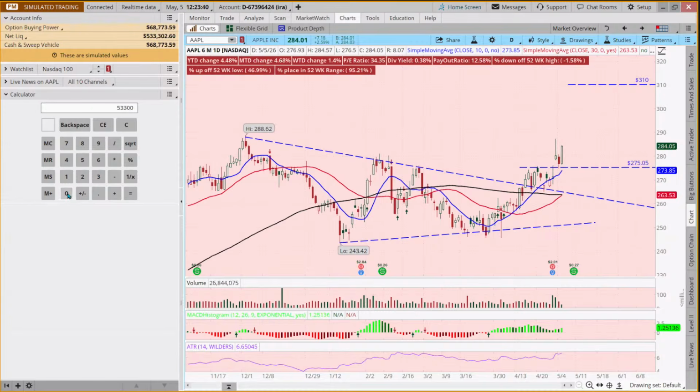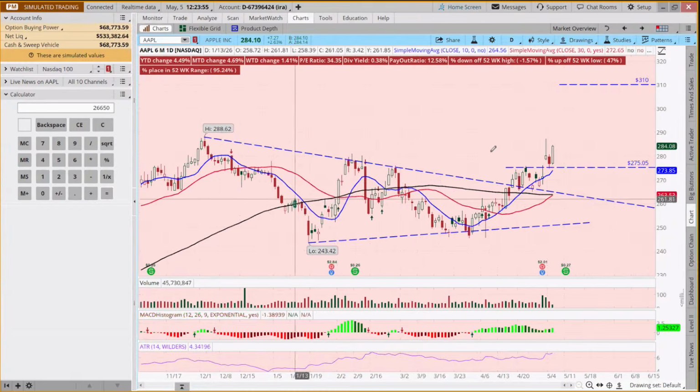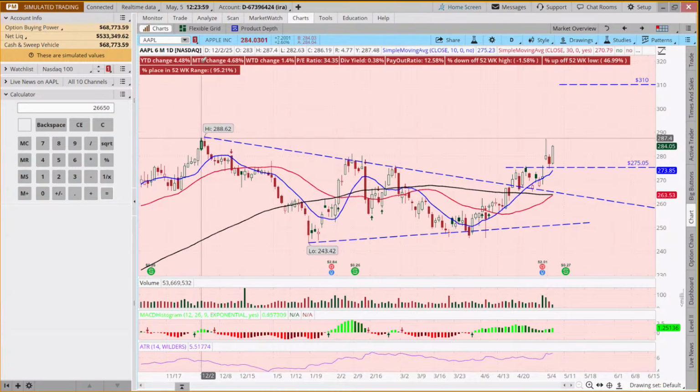If we have 533,000, we could say we're comfortable with up to 5%. So that would be 26,650. And if you say it could be 5 to 8% and you're comfortable doing slightly more, because this is 284, it would be a $28,000 position. You might be willing to buy 100 shares.